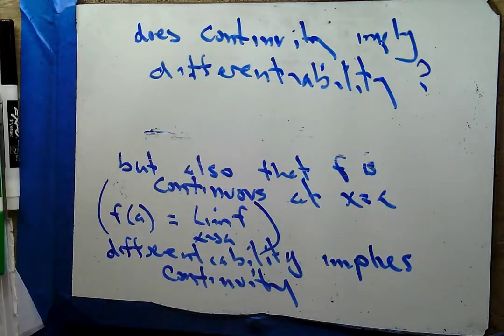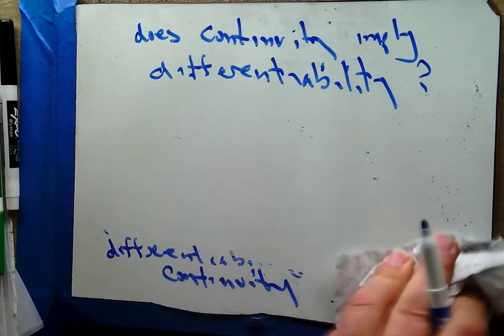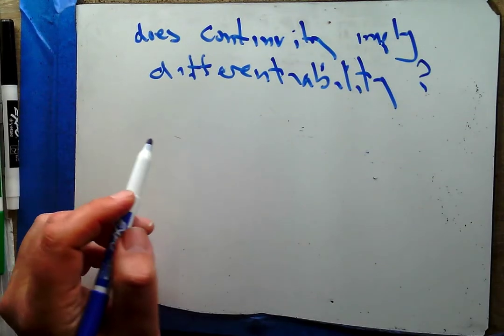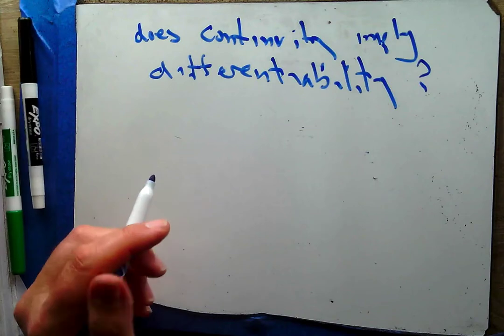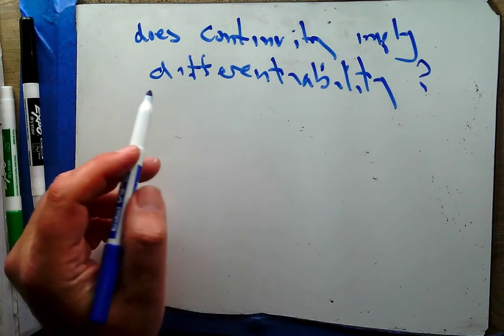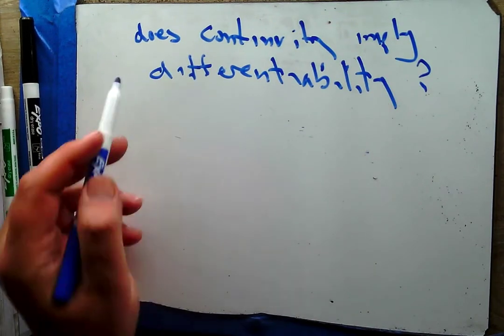Is everything that is continuous also differentiable? Can you think of an example that wouldn't be? Draw it, and gosh, I wish we were in a Zoom so I could see it. That's right.